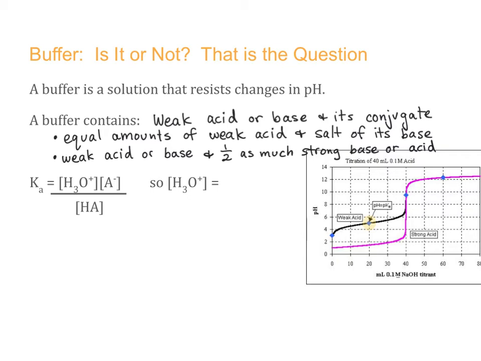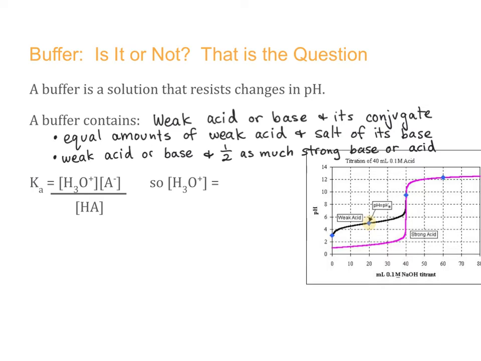So if you think about what we've already been learning about titration curves, there's really nothing new. If we write the Ka value for a weak acid and its conjugate base, and we think about the equation as HA breaking down into H3O plus and A minus, this is the Ka expression that we've been writing all the time.